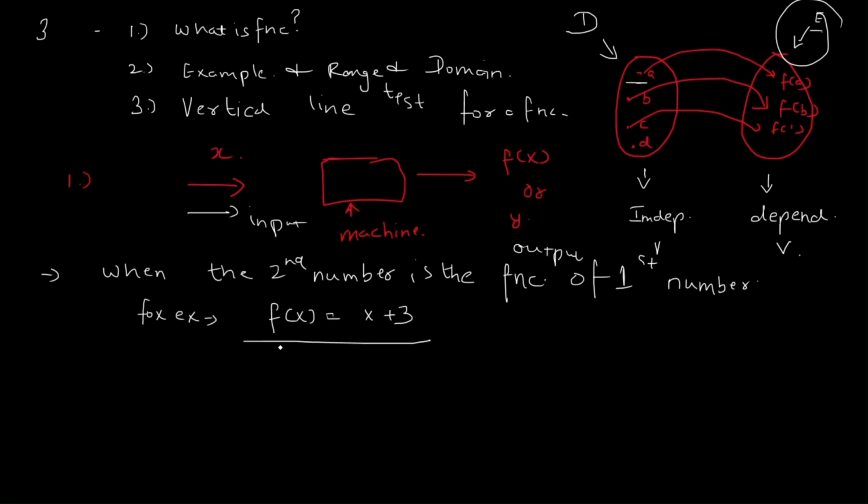Now, the value of f of x, this dependent variable, depends on x plus 3. And x is this set of values D, and f of x is E, because these are dependent on D, and the set of values D are independent.